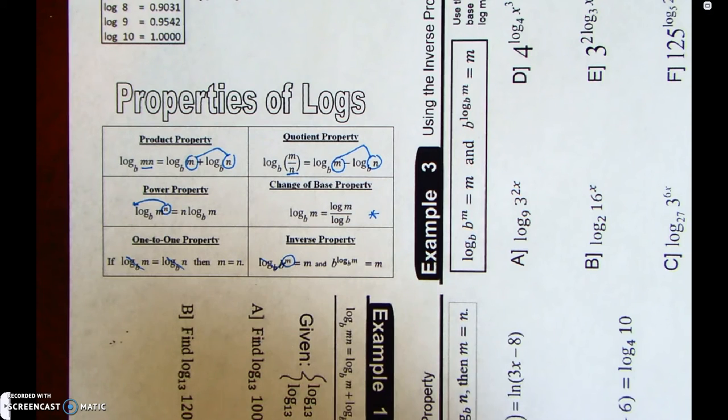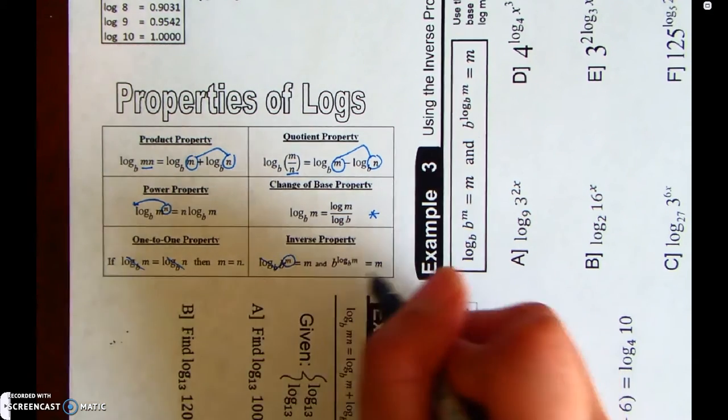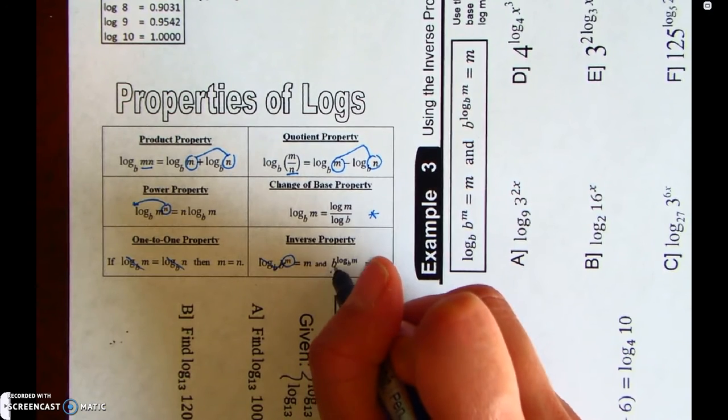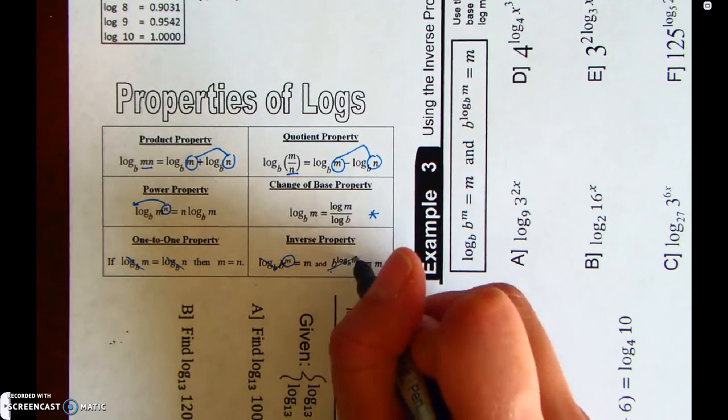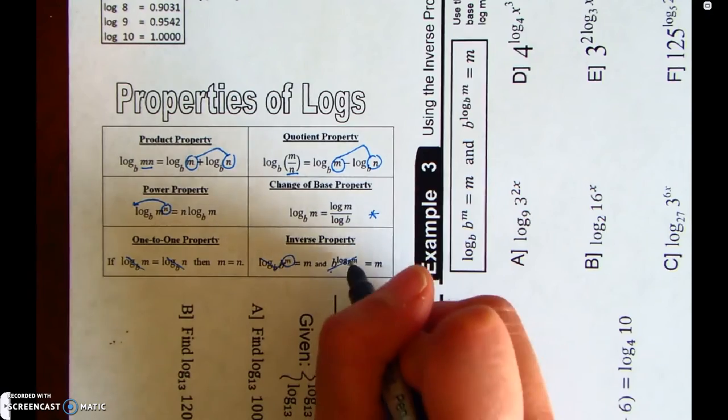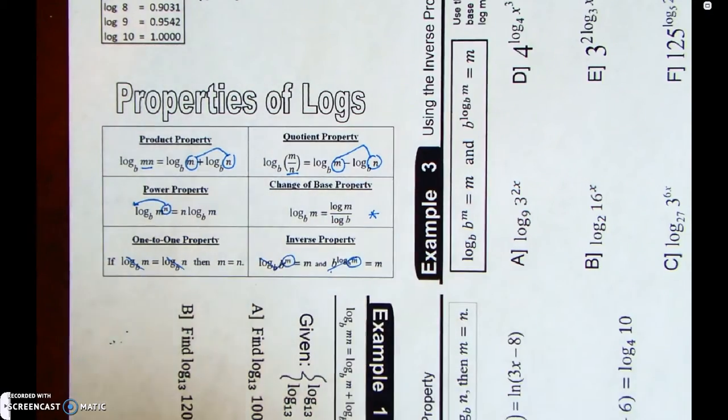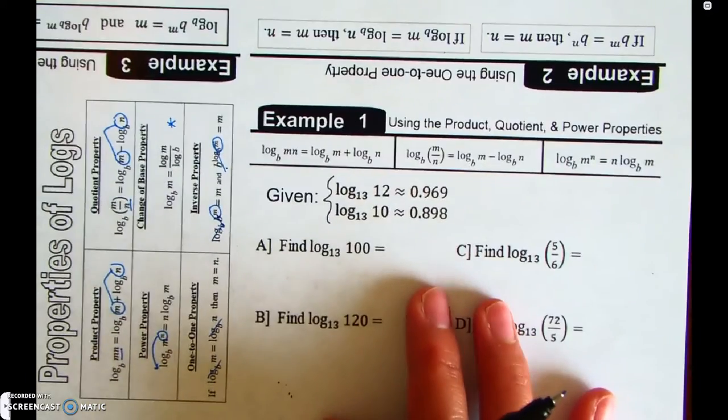If the base and the number inside the parentheses are the same, then your exponent just drops down to the bottom. Same thing with this one. If your base is the same thing as your exponent, you can just cancel that out and you're left with just the m. Okay, let's see what that looks like in some examples.